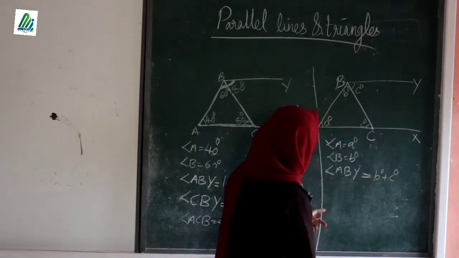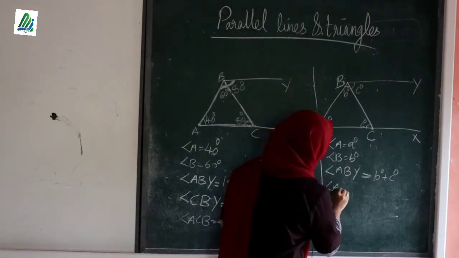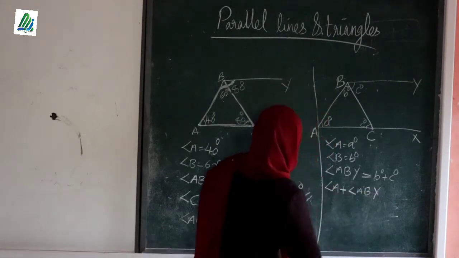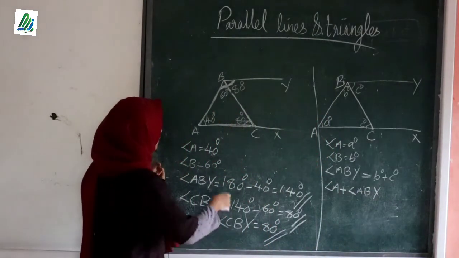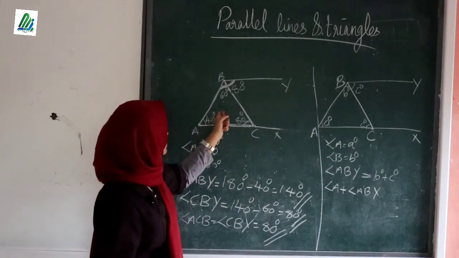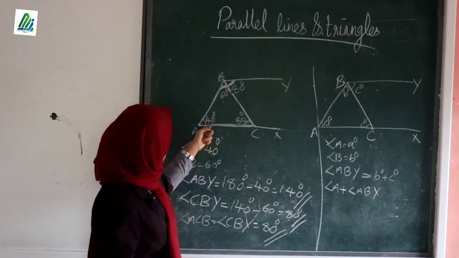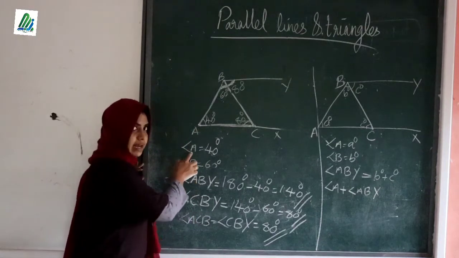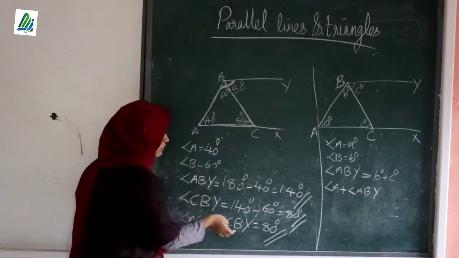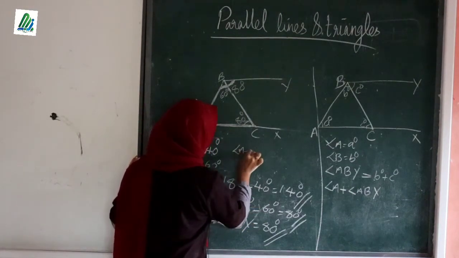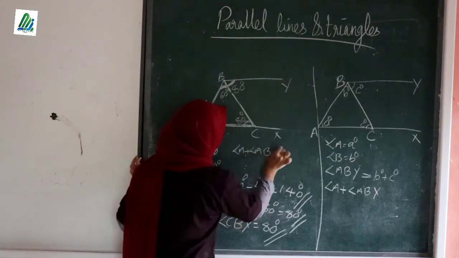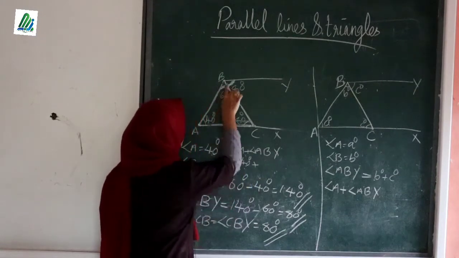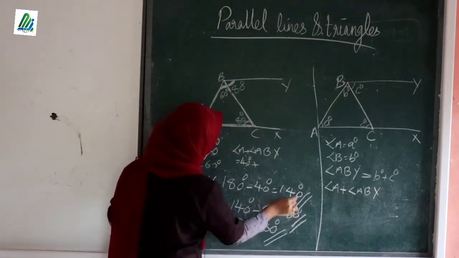Then when we add angle A plus angle ABY, here angle A is 40 degree and angle ABY is 60 plus 80, which means 140.